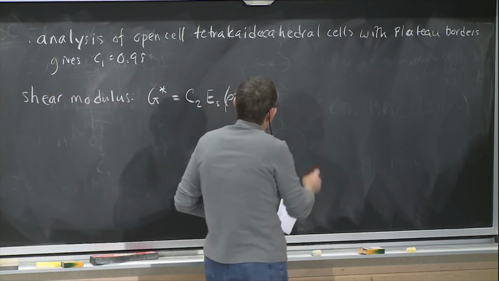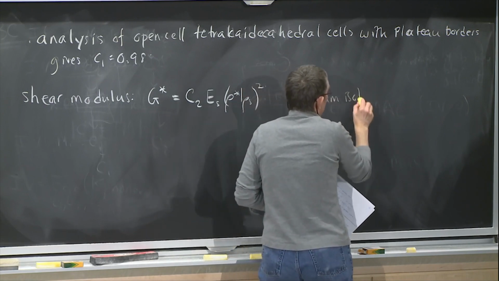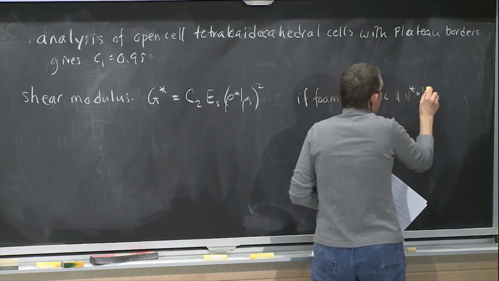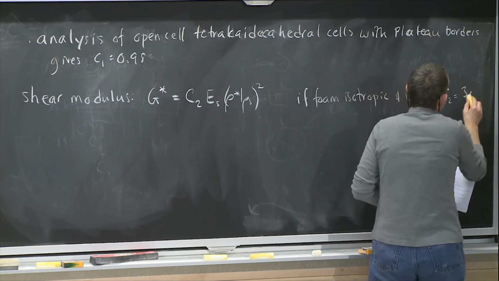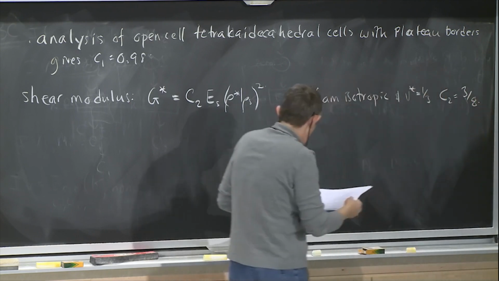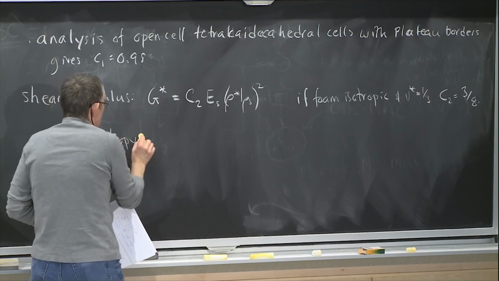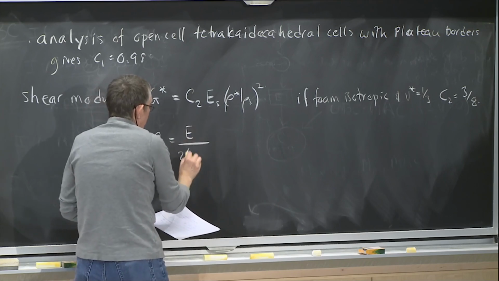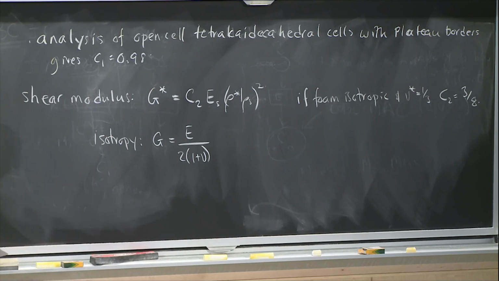And if the foam's isotropic, and if the Poisson's ratio is a third, then C2 is equal to 3/8. Remember, if we have isotropy, then the shear modulus is equal to E over 2(1 plus nu). And so you can get the C2 from that if you say nu is a third.